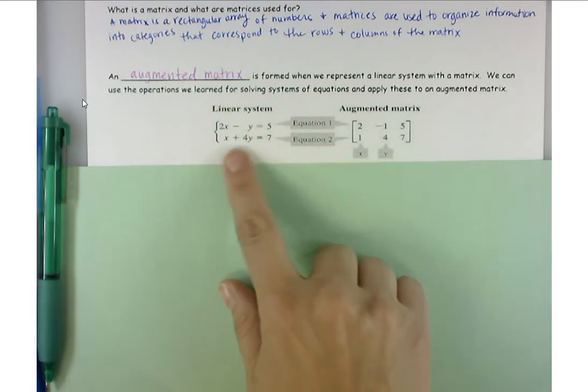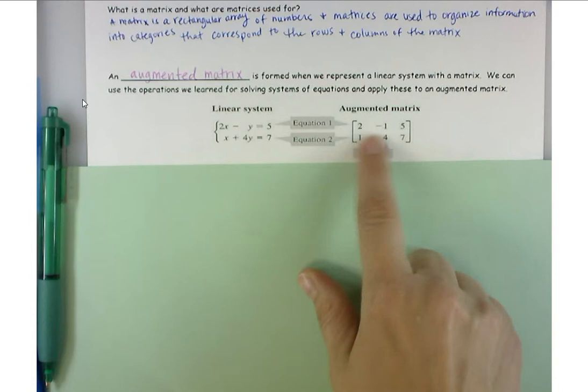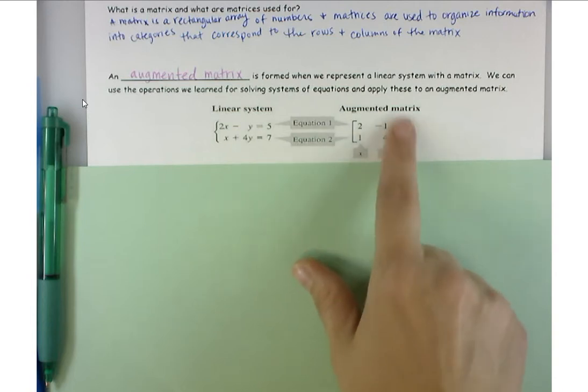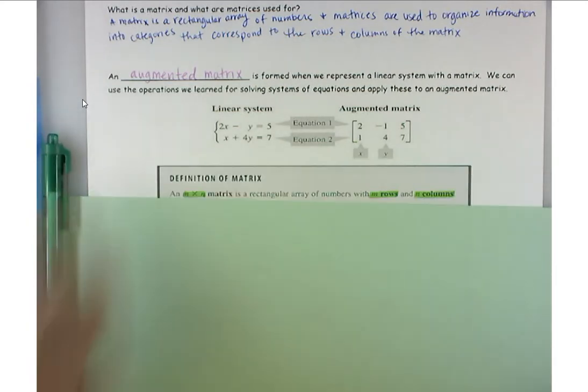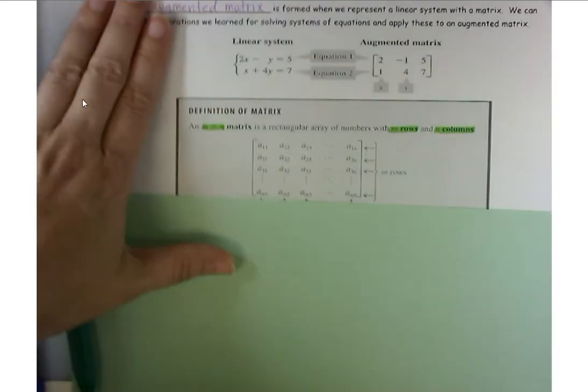These are our coefficients of x, coefficients of y, and then what it's equal to for the augmented matrix. All right, then what I want you to do is create the augmented matrix. Oh, sorry, my bad. We'll do this first.